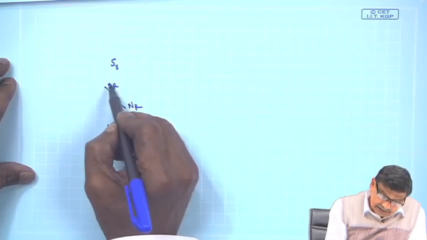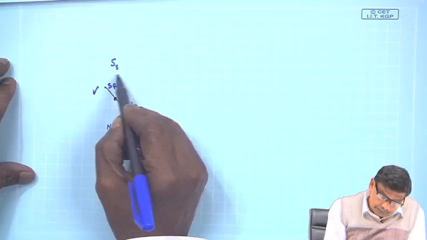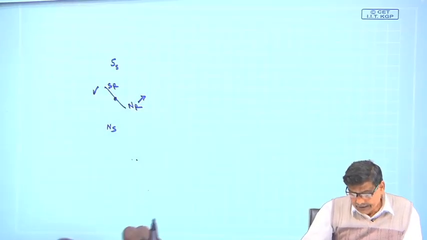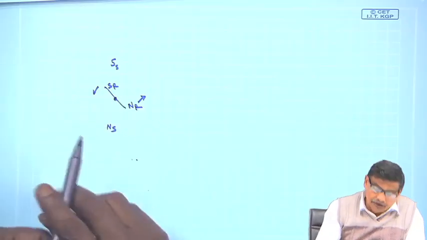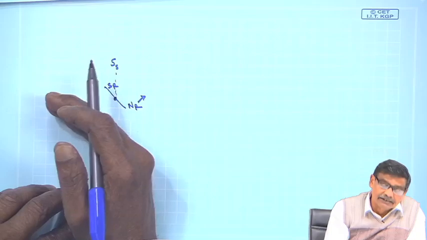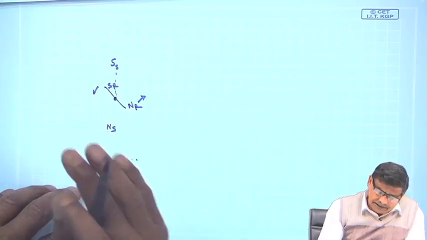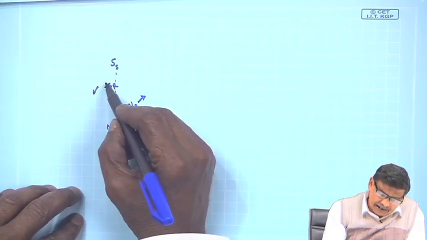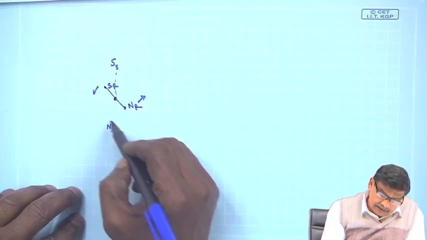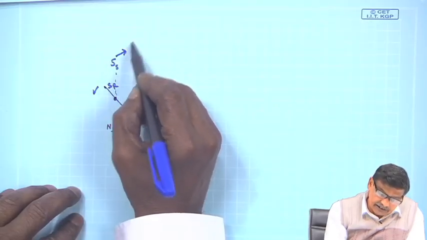So obviously, at this position it will produce a torque, and it is needless to say that the magnitude of the torque depends upon this angle, how far it is, but nonetheless a certain angle exists between these two, and SS and NS are fixed in space.